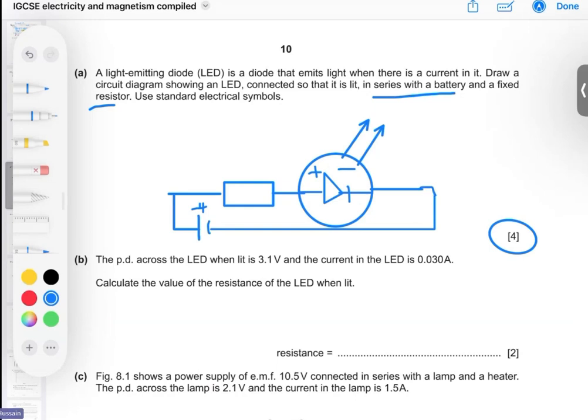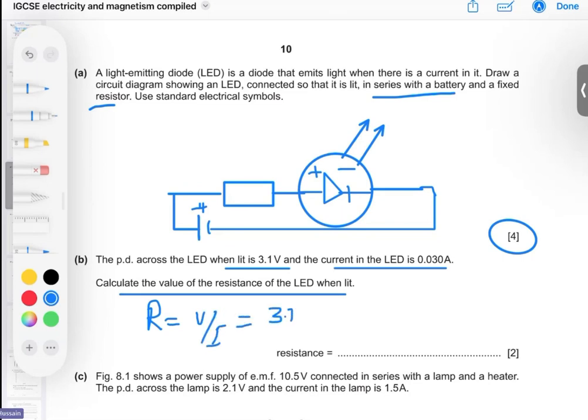Have you made this diagram? Yes, sir. Okay, that's fine. Then you need to calculate resistance. Resistance is voltage upon current.